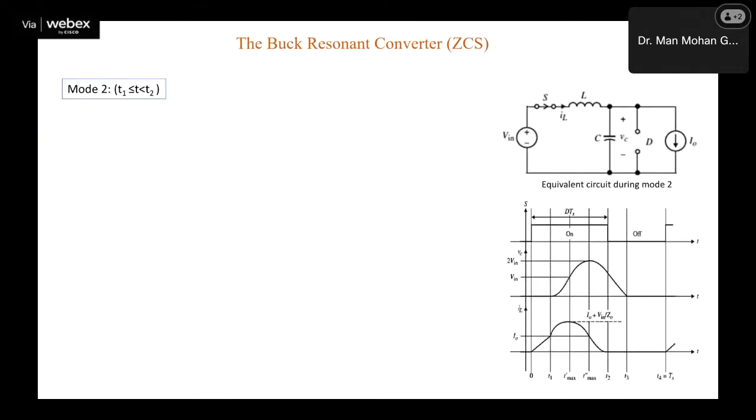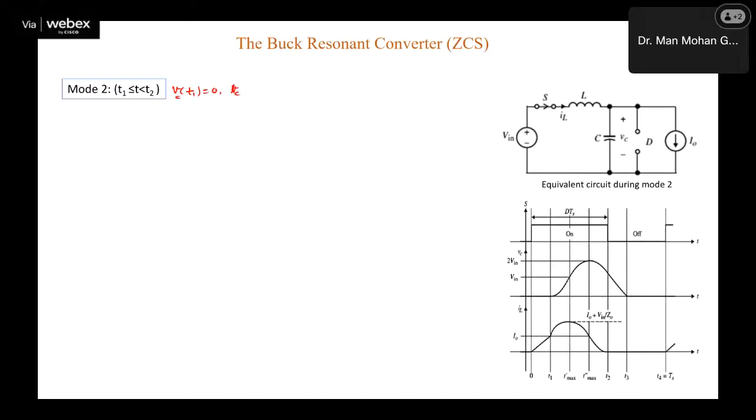So this is our mode 2. Before proceeding to mode 2, let us write the initial condition for this mode. So VC at T1 is 0, right?